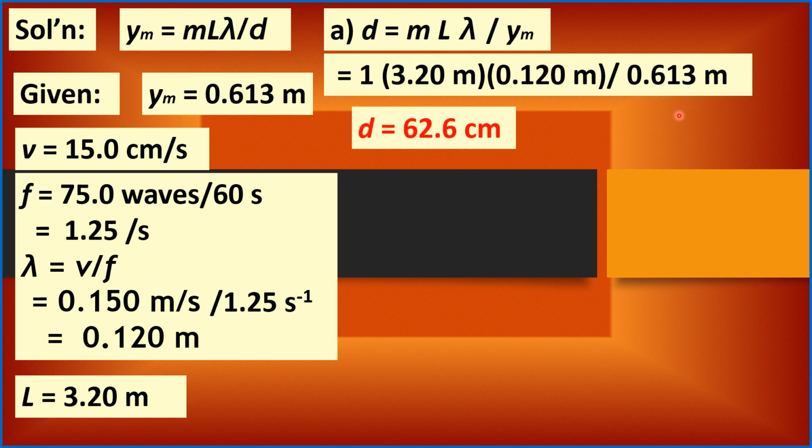So doing your math, we will get the value for D. In meters, that's 0.626, but in centimeters, it's 62.6 centimeters.